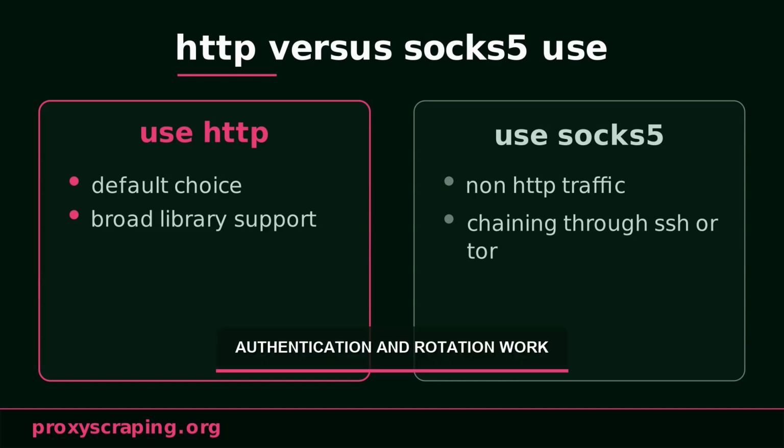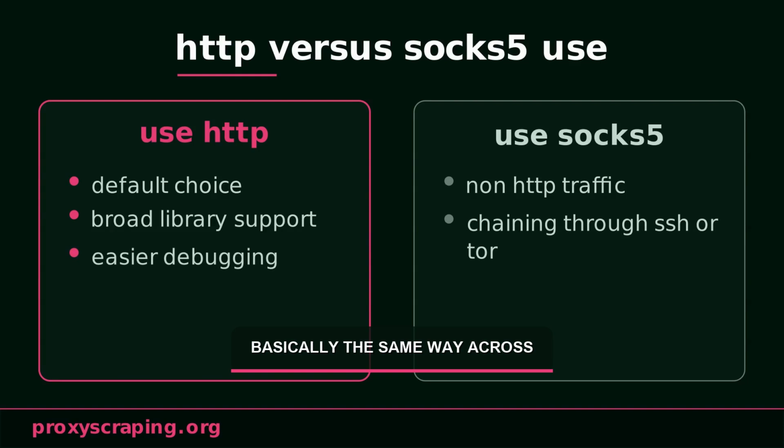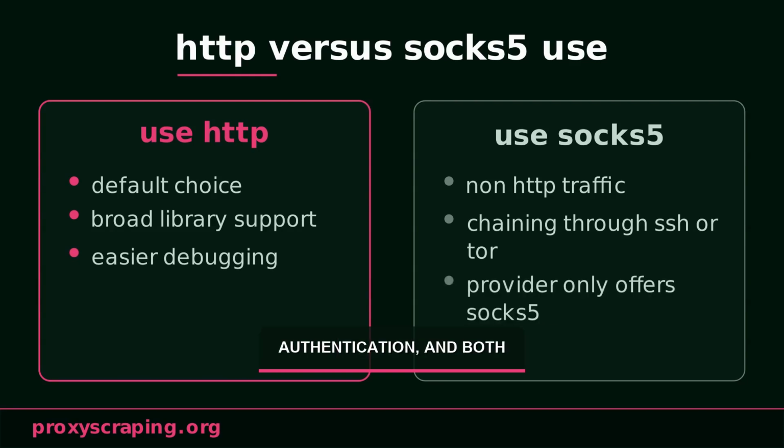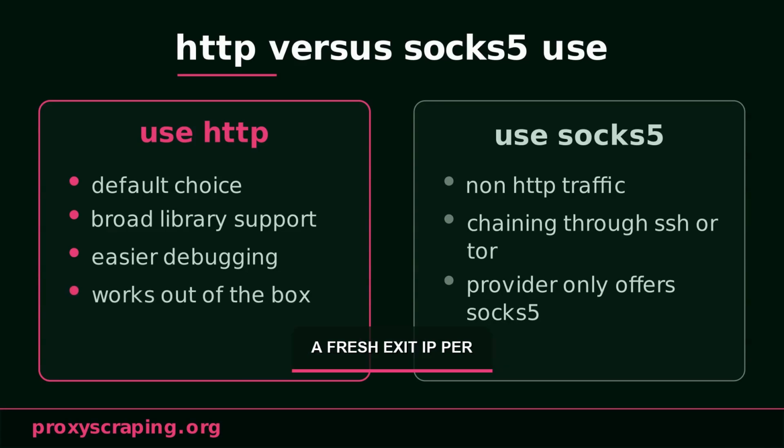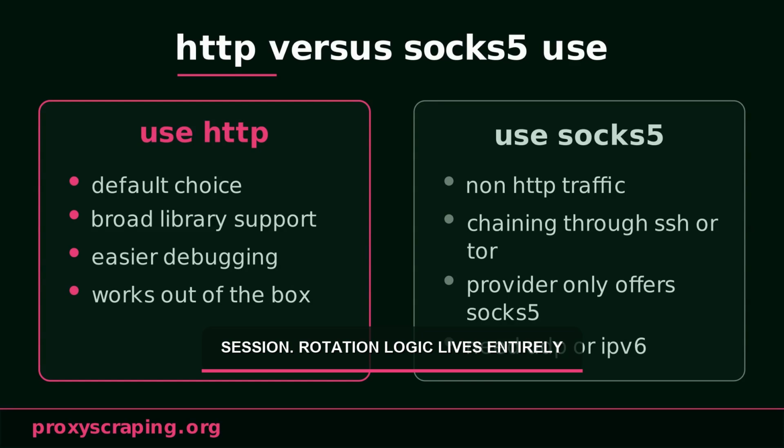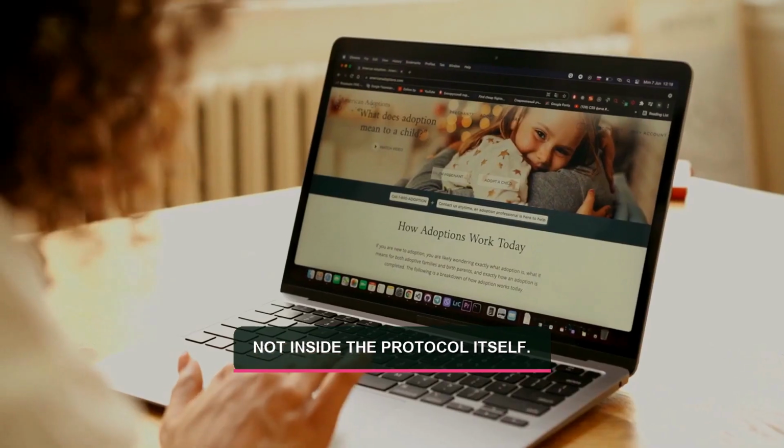Authentication and rotation work basically the same way across both protocols too. Both support username and password authentication, and both get used by rotating proxy providers to hand the scraper a fresh exit IP per request or per session. That rotation logic lives entirely on the provider's gateway, not inside the protocol itself.